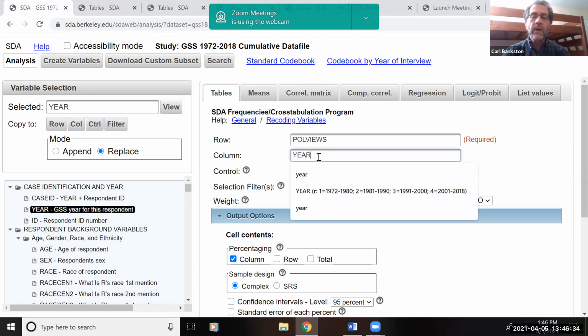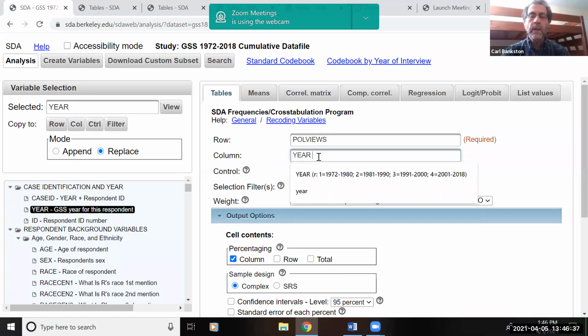Now, the thing about year is that if I ran it like this, I'd get a different set of cells for every year, and so we would get all of these years from 1972 through 2018.